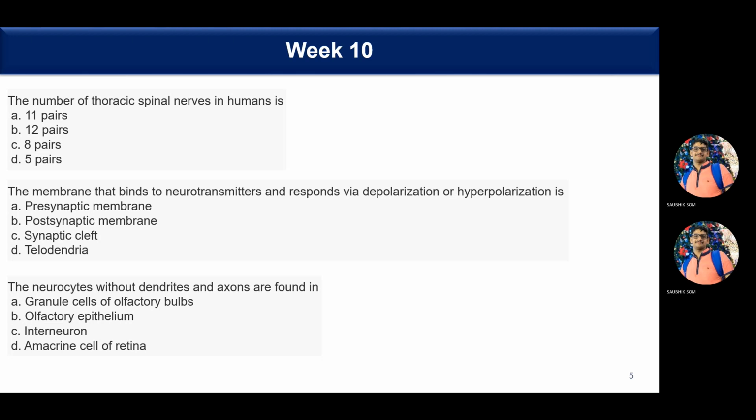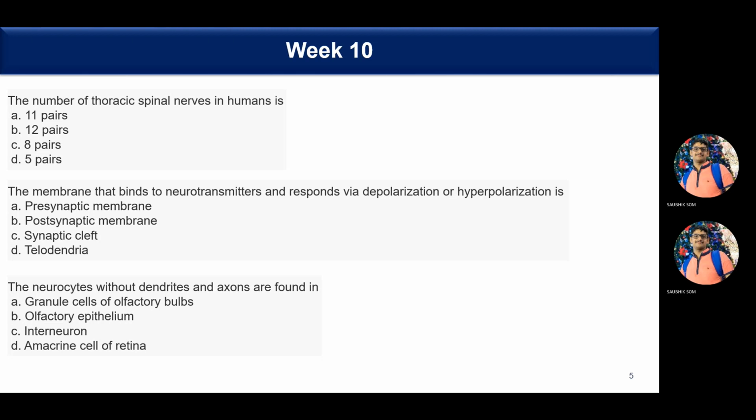The number of thoracic spinal nerves in humans: 11 pairs, 12 pairs, 8 pairs, or 5 pairs. In humans, there are 31 pairs of spinal nerves, correct? And there are 12 pairs of cranial nerves.